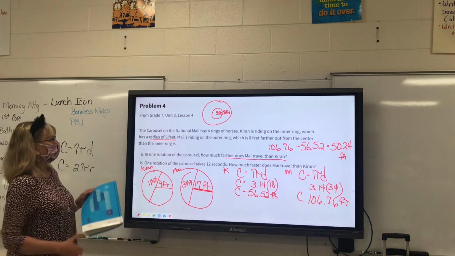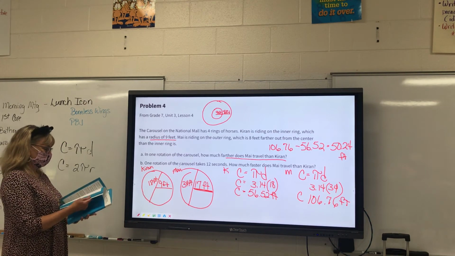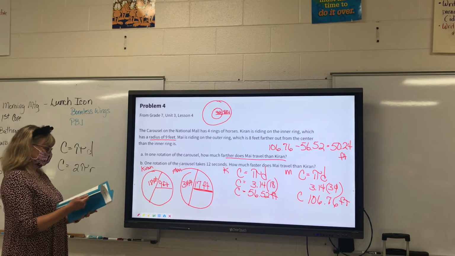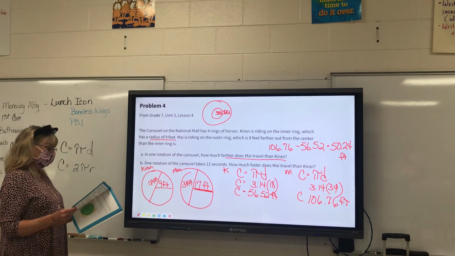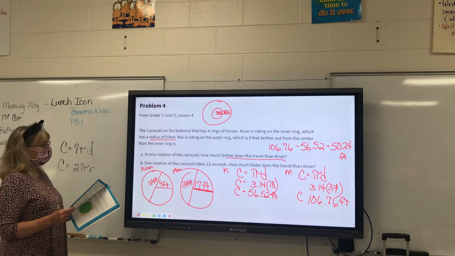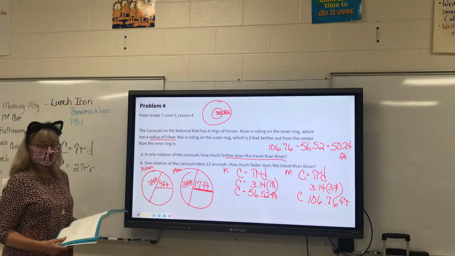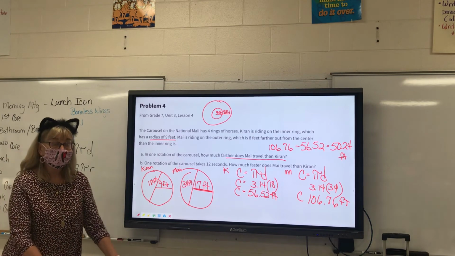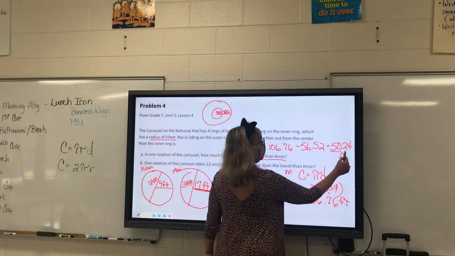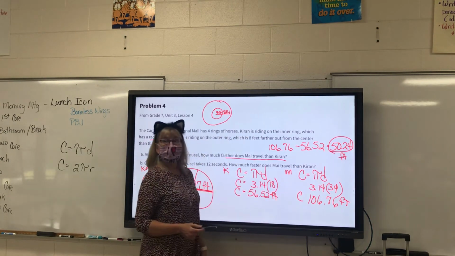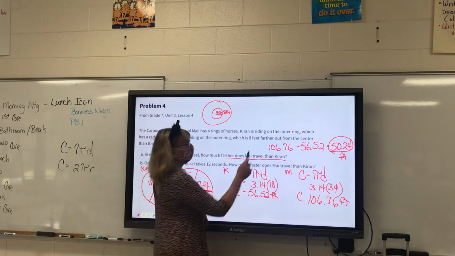Anybody got any ideas? How we might do that? No? I would say they want us to have the 50. Oh, could we figure out the unit rate? Yeah. Could we take this amount and divide it by 12 to find out how much per second?